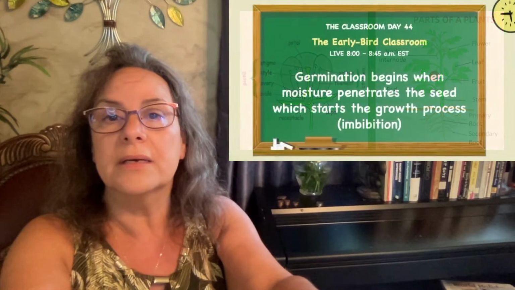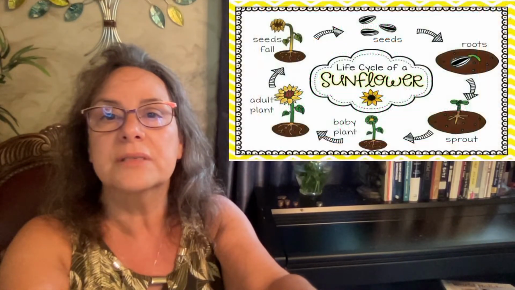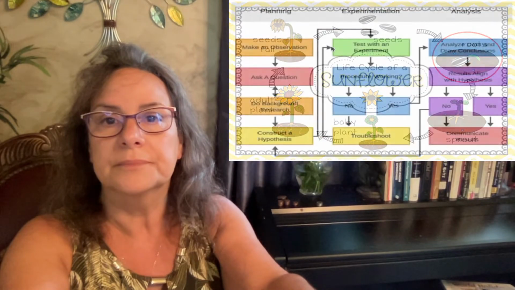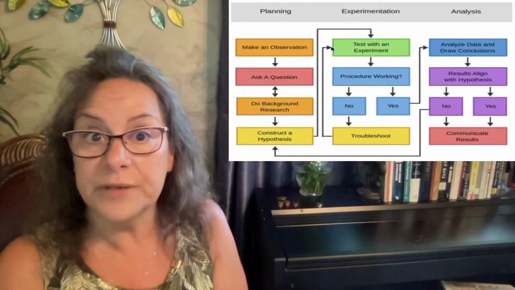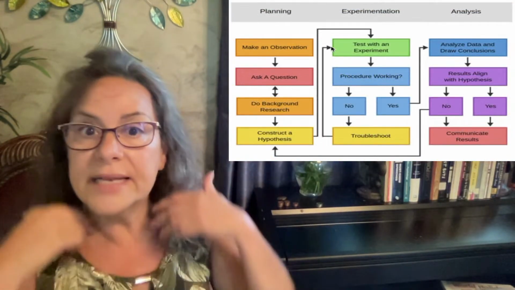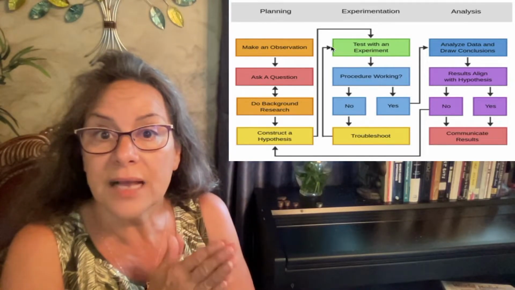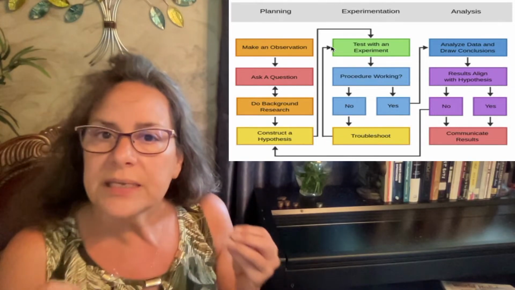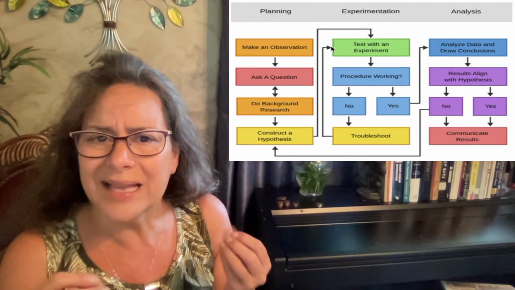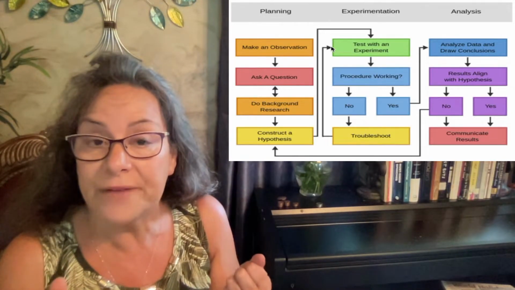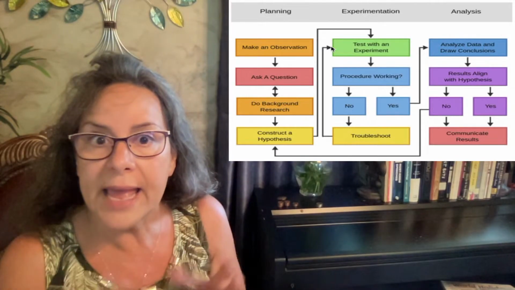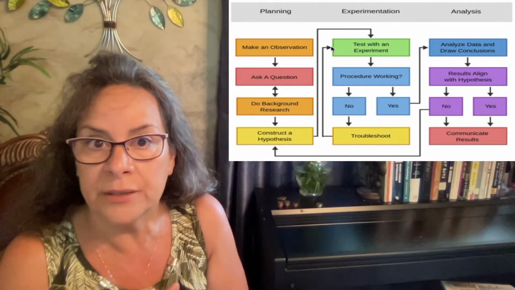We're going to talk about the scientific method. So in science, we're always going to be referring to this scientific method, because every time as a scientist, we have to be investigators.